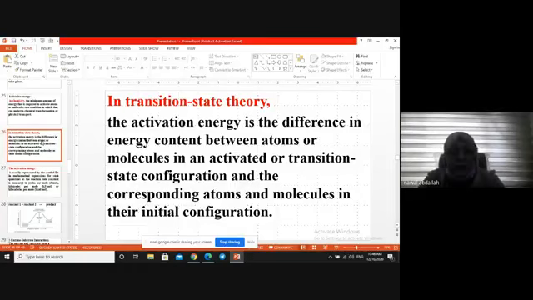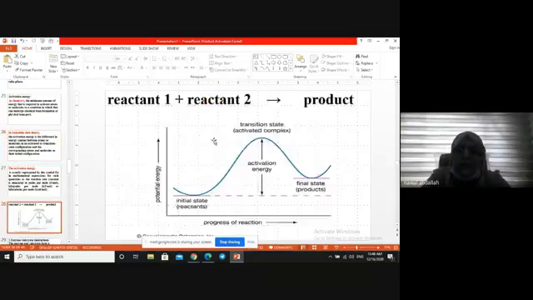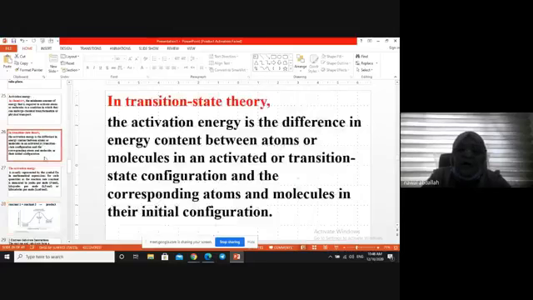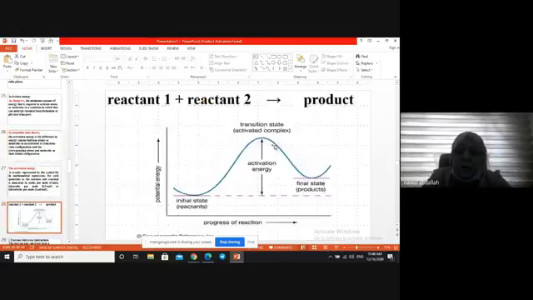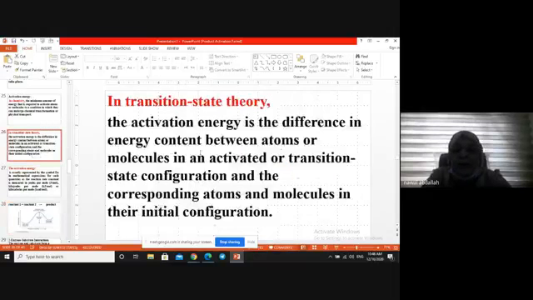So activation energy is the difference between the transition state and the initial state.